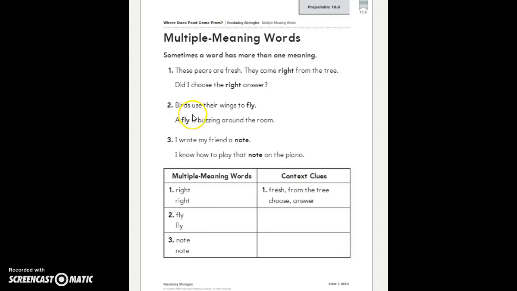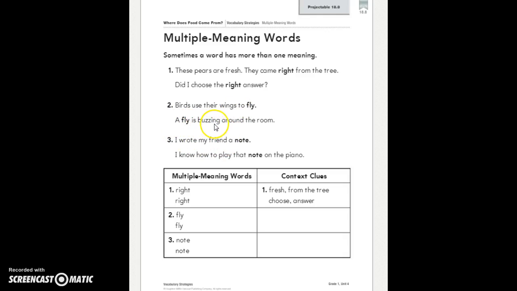Number 2, birds use their wings to fly. What are your context clues for birds use their wings to fly, the first fly? Well, we have birds and they use wings. Those are our context clues.